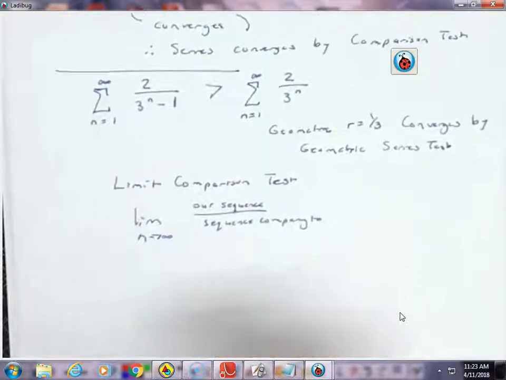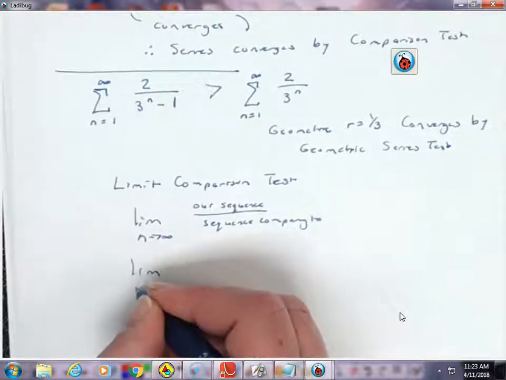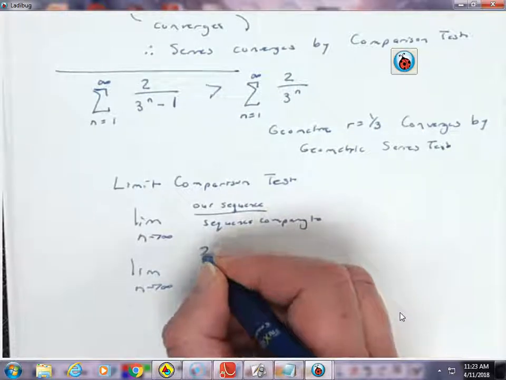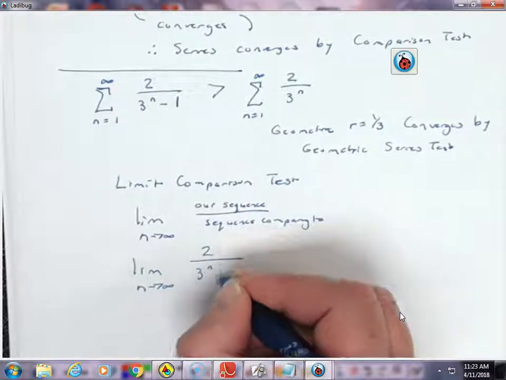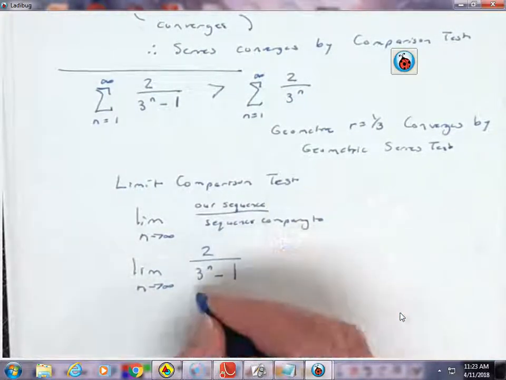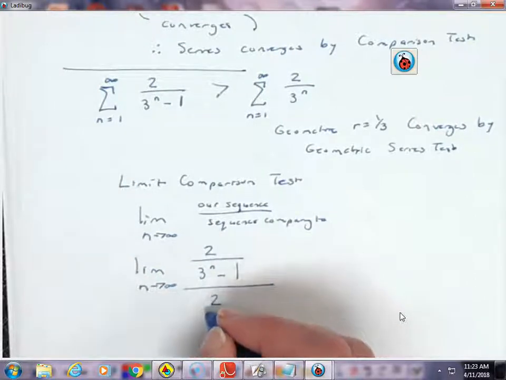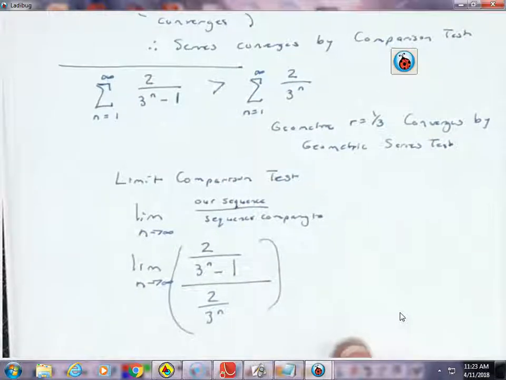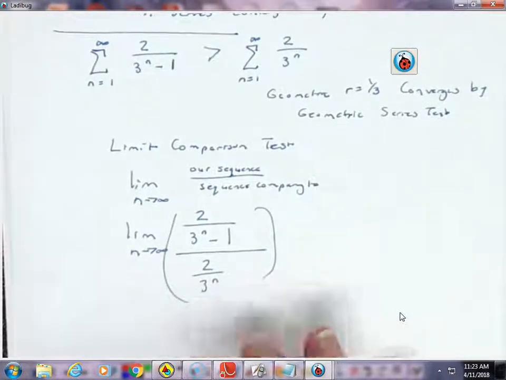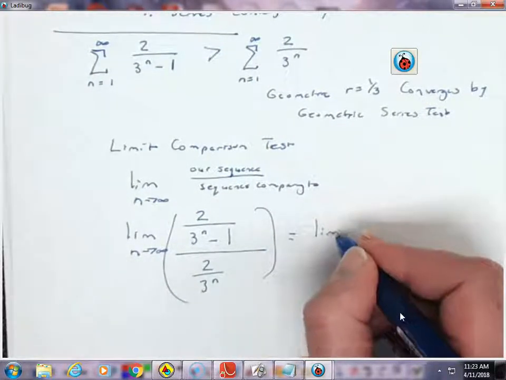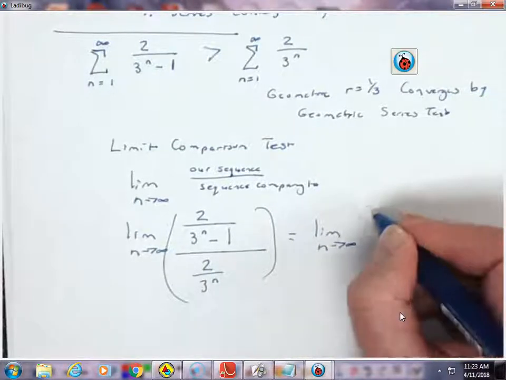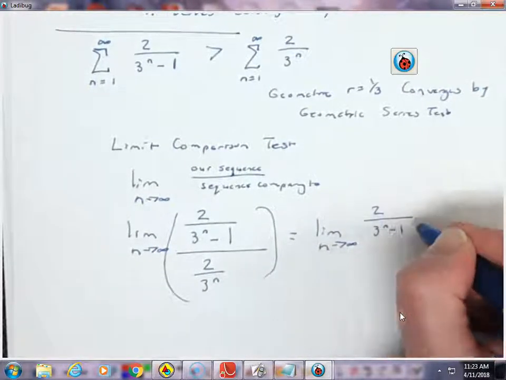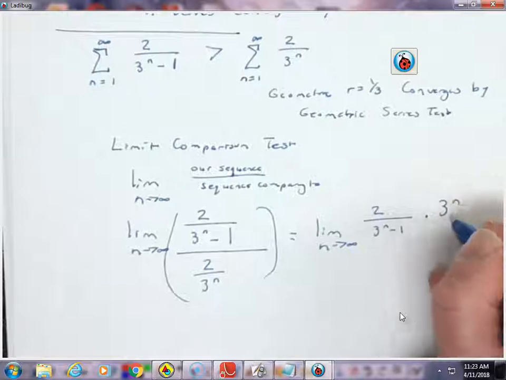So I'm going to take the limit as n approaches infinity of my sequence, and then I'm dividing by the one I'm comparing to. It's the limit as n approaches infinity of this entire quantity. A lot of times, because we know where we're going, we will just go ahead and change it to times and flip.